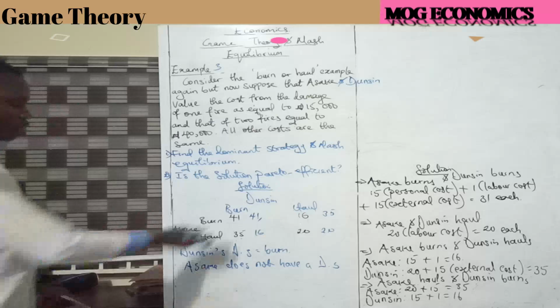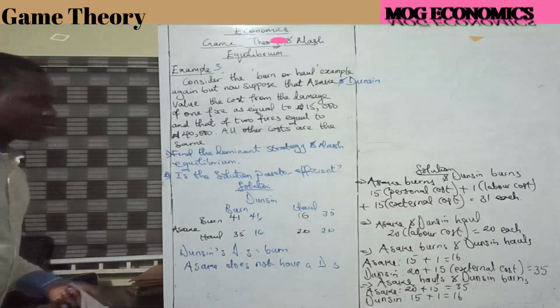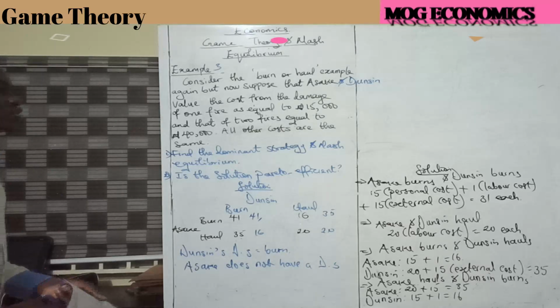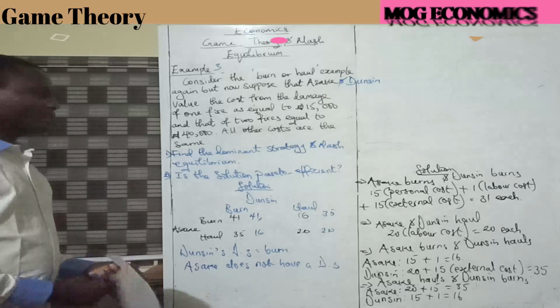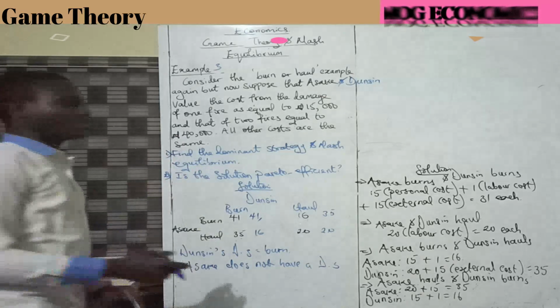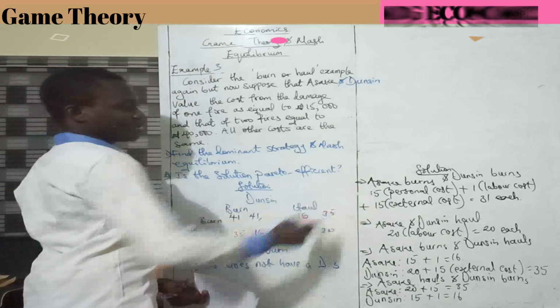So for what we did here, for one fire, the personal cost was 15. But now that you have two fires, Ashake is burning, Dunsin is burning, so it's going to be like 15 plus 25. Since here what we have is 40,000, that means the external cost is 25. Personal cost is still 15.